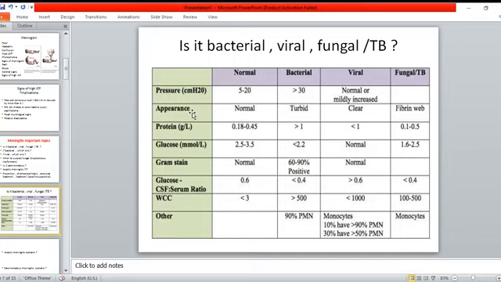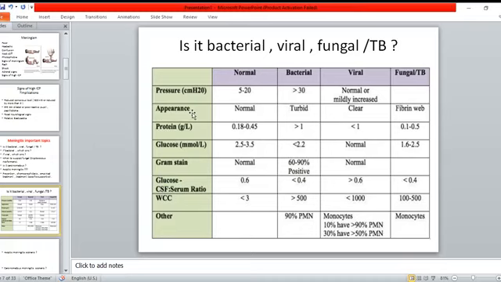But in tuberculosis, usually the pressure does not go that high. So if you find it's above 40, usually this is a fungal or cryptococcal infection, almost always. And if it's just high, something like 25 to 30, usually this is a kind of tuberculosis. And we will speak about how to differentiate.